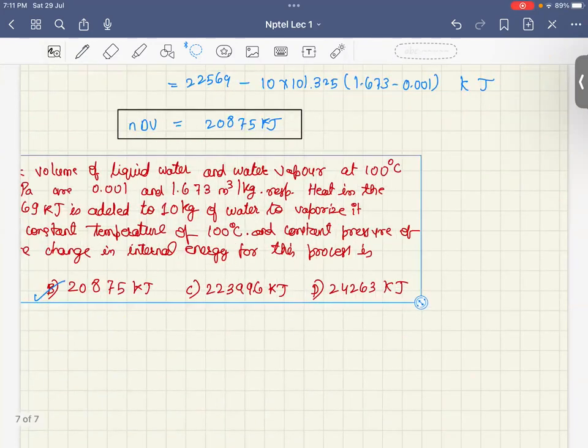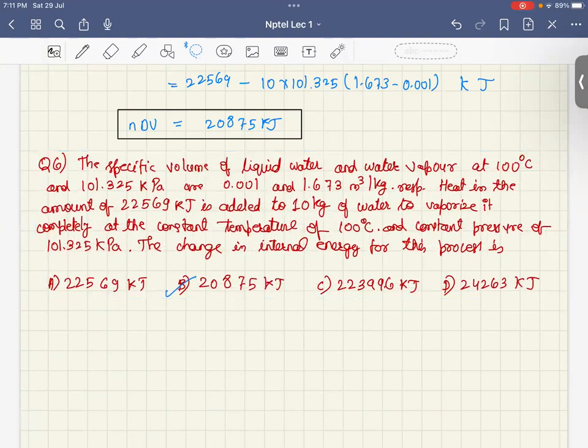But if we slightly tweak this question, that is question 7.